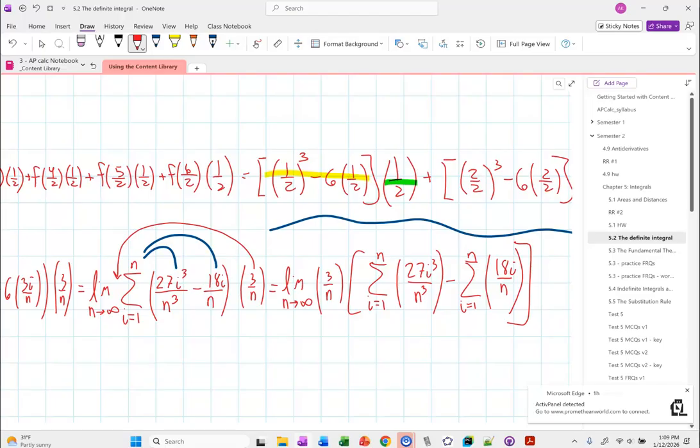Now if I look, the 27 and n cubed are constants with respect to i, so those can pull out front of that sum.